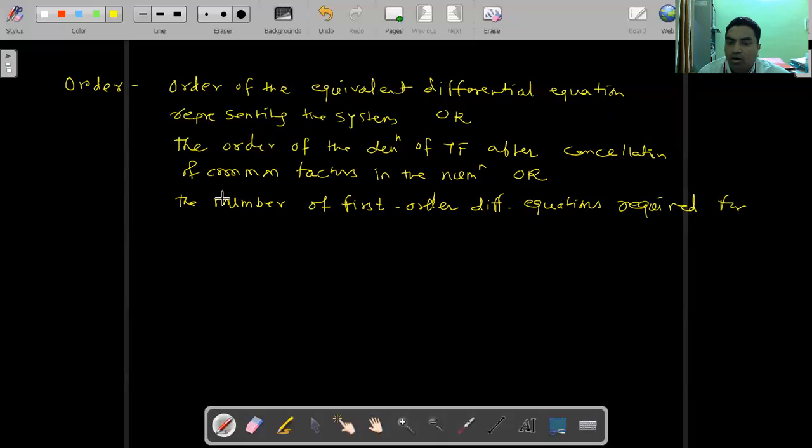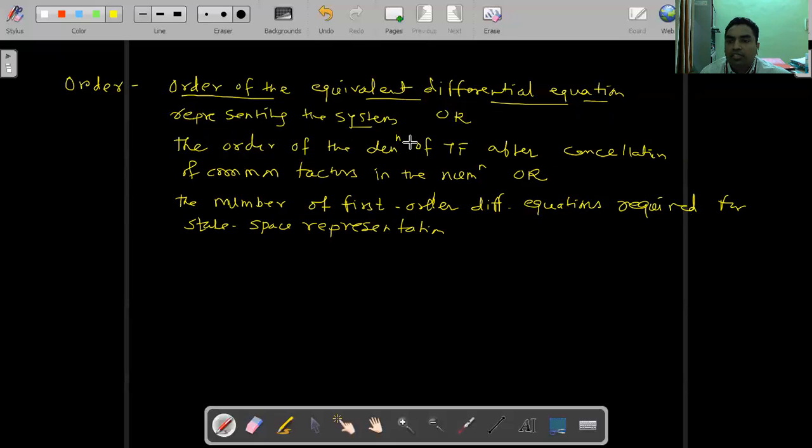So order of the system is the order of the equivalent differential equation representing the system.